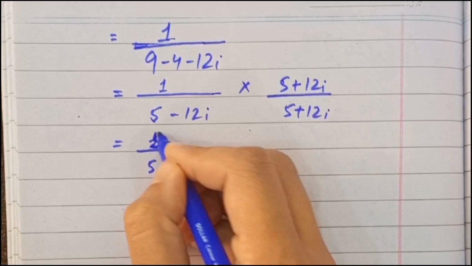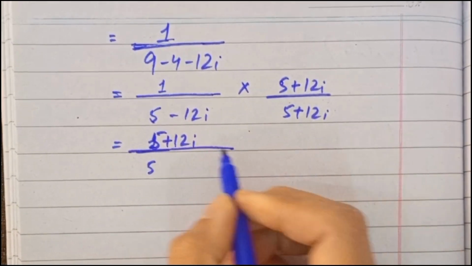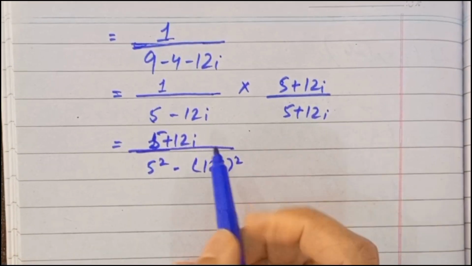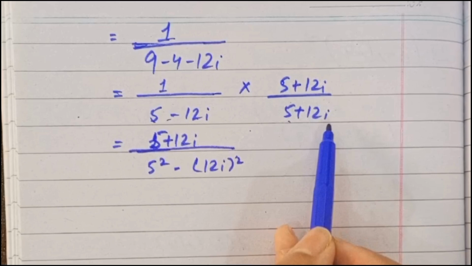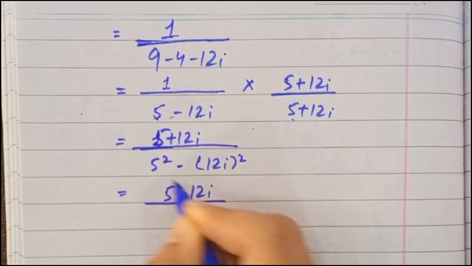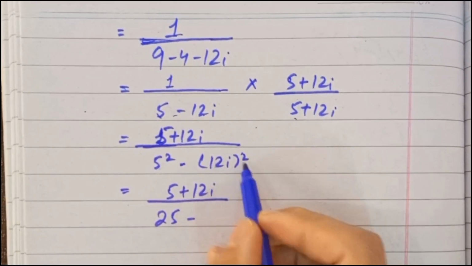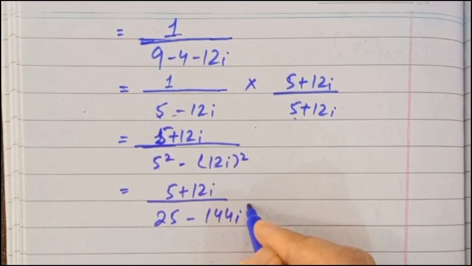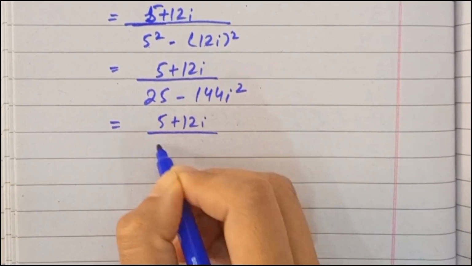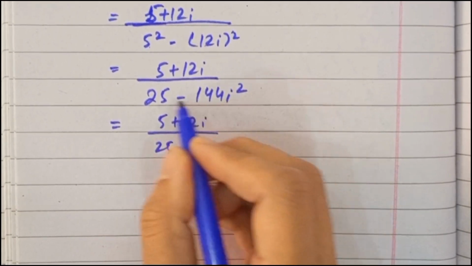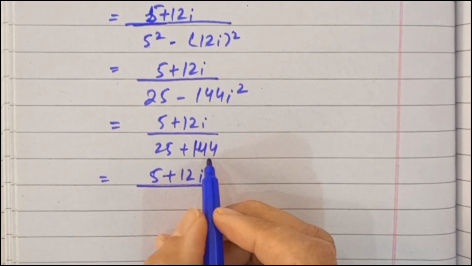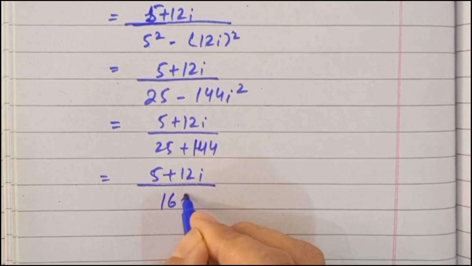In the numerator, it will be 5 plus 12i, and in the denominator, it will be 5 square minus 12i square, because a minus b, a plus b makes the form of a square minus b square. 5 square is 25. 12 square is 144. i square is minus 1. Minus into minus is plus. 144 plus 25 is 169.